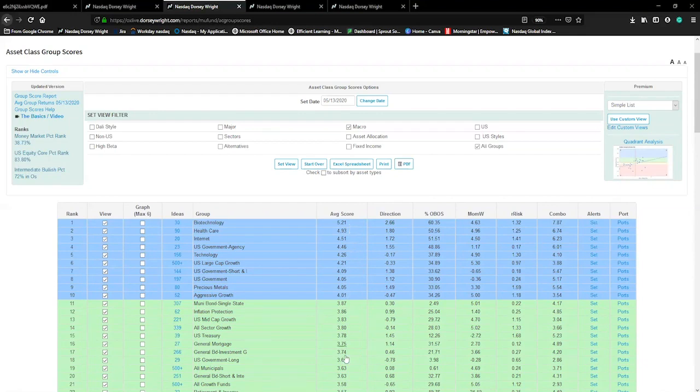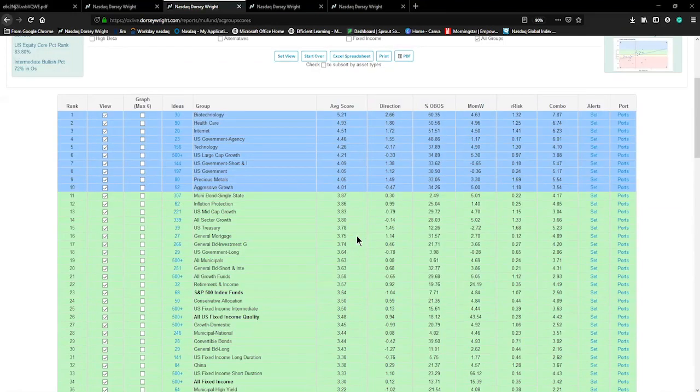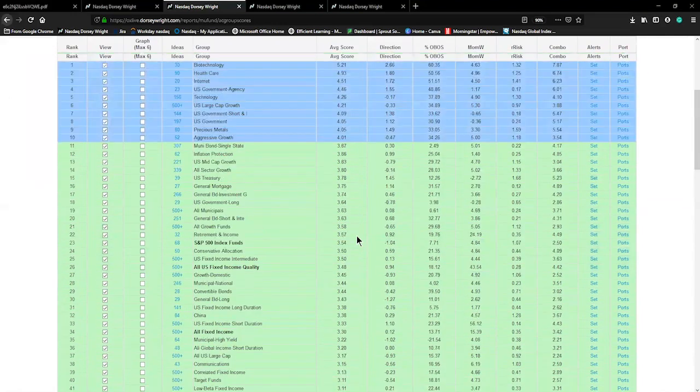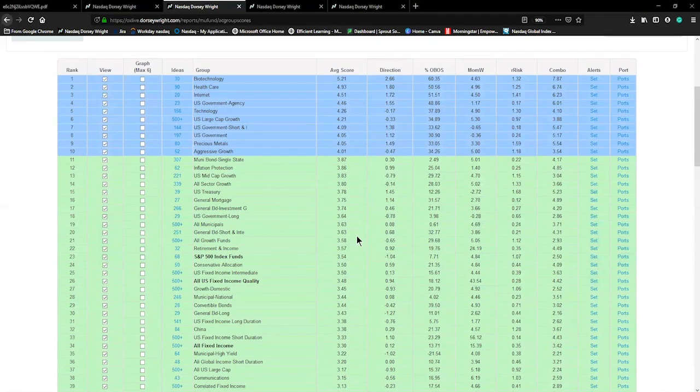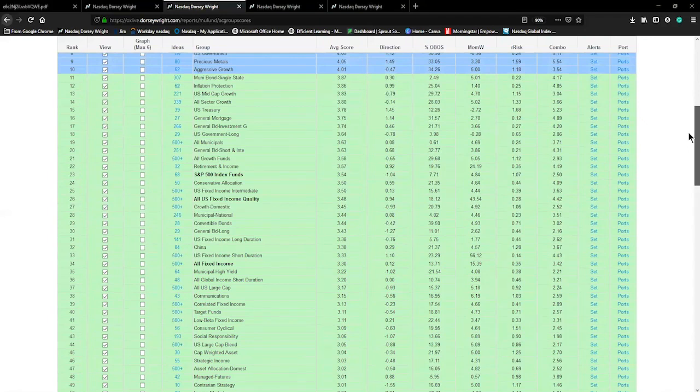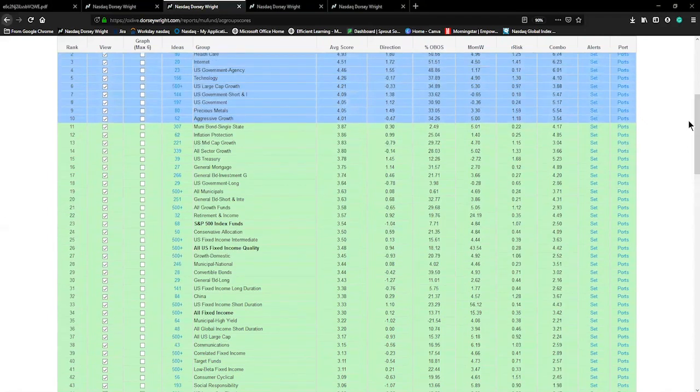You can see they go down the page by that score, with the ranking coinciding with its position. So biotech is up at the top, and you can see aggressive growth at the 10th spot. Just beneath that, we see the color changes. As a quick note about the colors on the page, when the group as a whole has that ideal fund score of 4 or better, as Eric talked about, that's what we call blue sky territory, and those groups are colored blue.